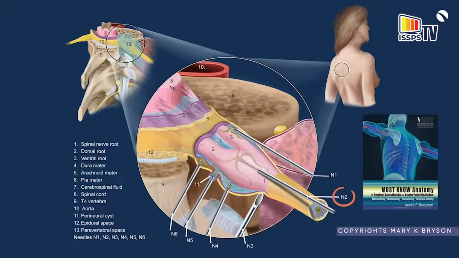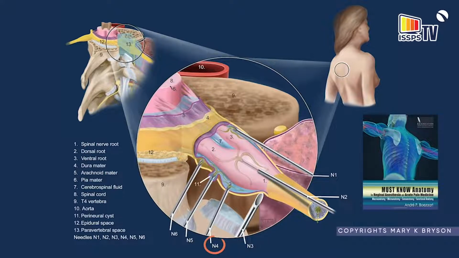N2, on the other hand, is an injection into the parenchyma of the nerve root or trunk, resulting in delayed respiratory arrest and severe neurologic deficits. N3 is an extra- or epidural injection, typically when a large bore Tuohy needle is used, leading to a perfect nerve root or trunk block.